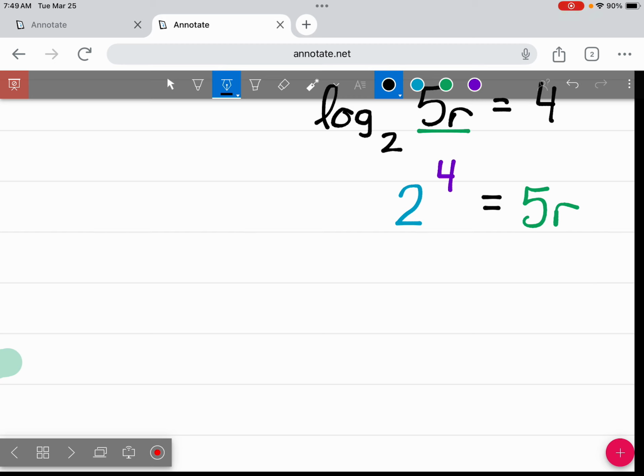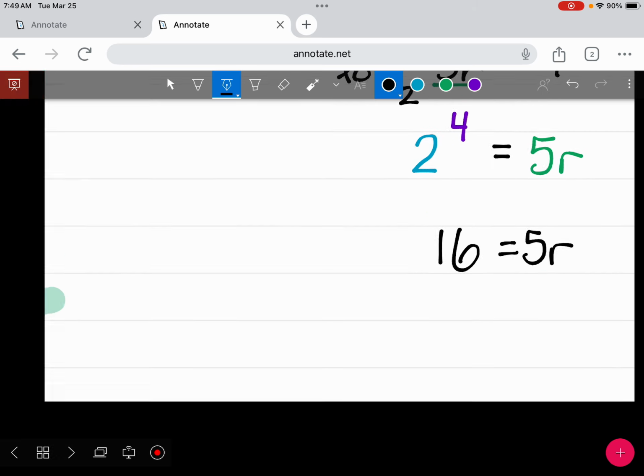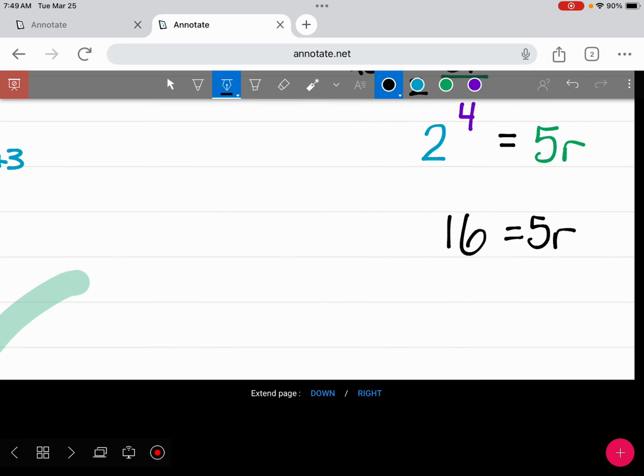Because what is 2 to the 4th? 16. So we have 16 equals 5r. So what does our r equal? 3.2. Yes, 16 fifths or 3.2. I genuinely do not care if you put it as decimals or fractions. It genuinely does not matter to me.